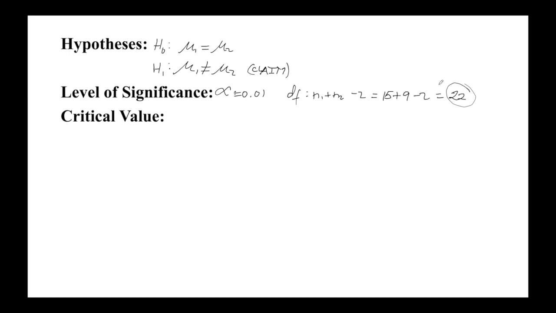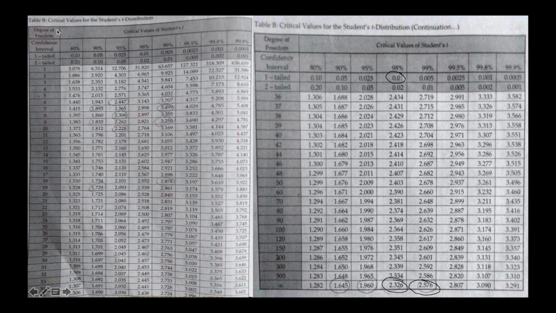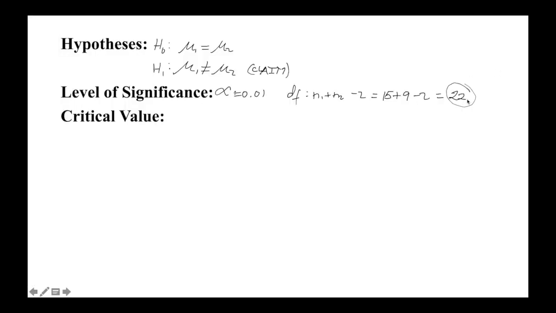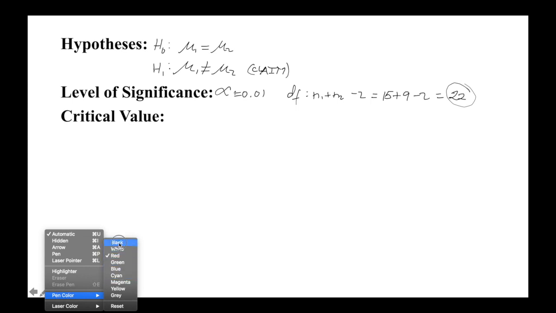Now, for the critical value, let's have our table. Based on our degrees of freedom, we have here 22, and of course, the alpha level 0.01.